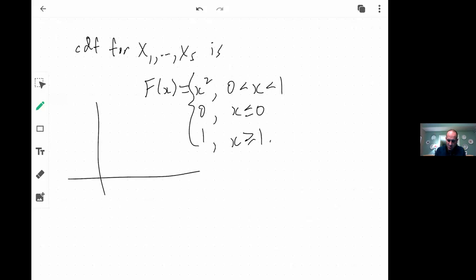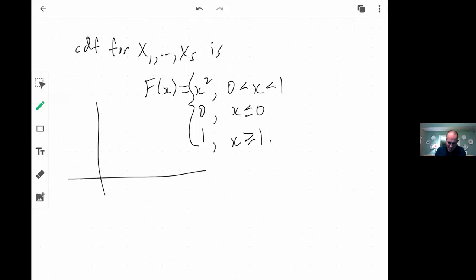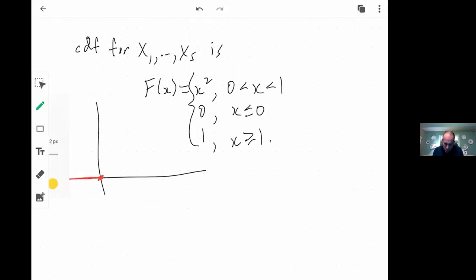Now let's see, what does this thing look like? Let me graph it, maybe using red. It's equal to 0 everywhere before 0, and then the minute I get to 0, here's 1 and here's 1 right here, it starts going up on this line.